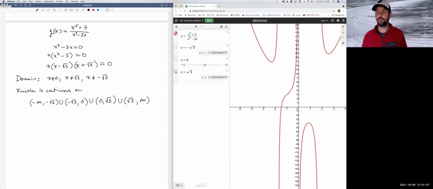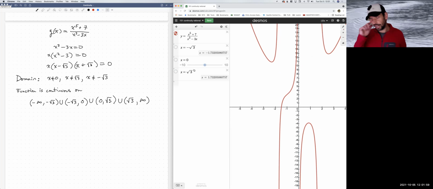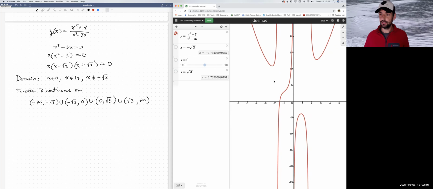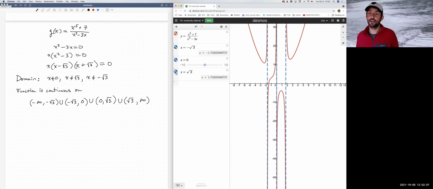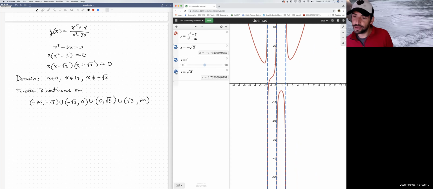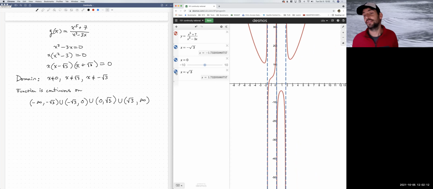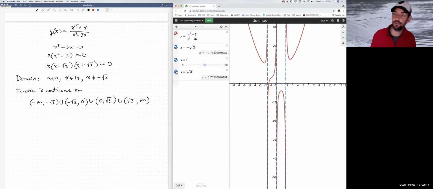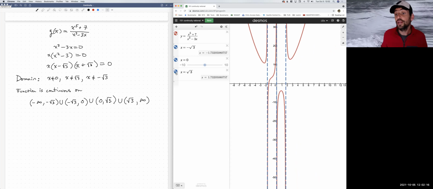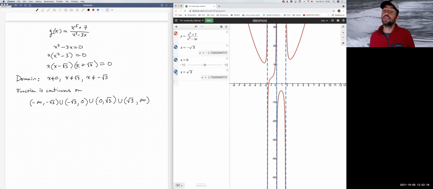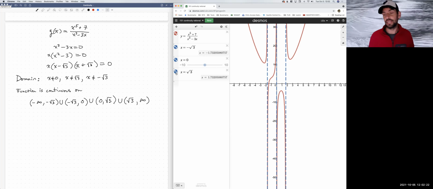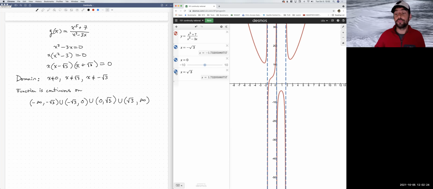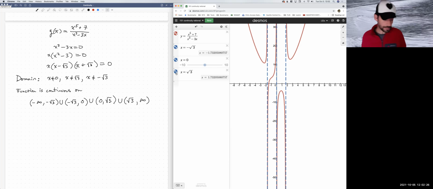So let's get rid of these asymptotes, right? It's got a pretty odd shape to it, but it's continuous everywhere except where those 3 asymptotes are. In between them, every other point, the limit at that point is equal to the value of the function at that point, right? Between those asymptotes, you can draw any section of this graph without picking up your pen. If you have to cross the asymptote, then you would have to pick up your pen.